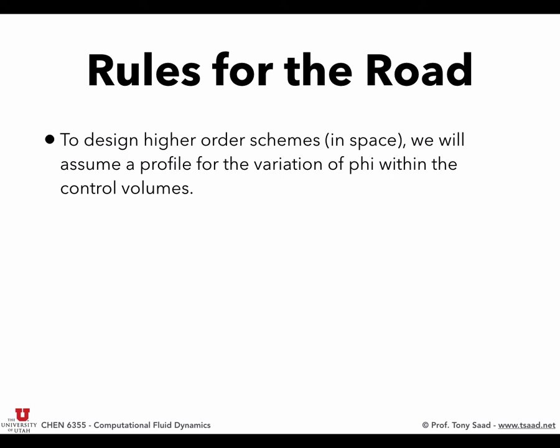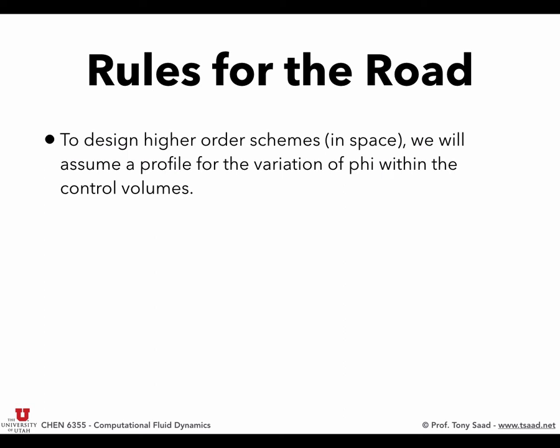What we are advancing in time is the average value of phi, but we haven't said anything about how phi changes in the control volume. So we can make it change any way we want as long as its average value is equal to the value in the cell. In other words, given an average value of the cell, we can make phi change in any way we want. So we could choose a line or a parabola or some weird polynomial or an exponent, whatever you want. And this is how we're going to accomplish high order schemes.